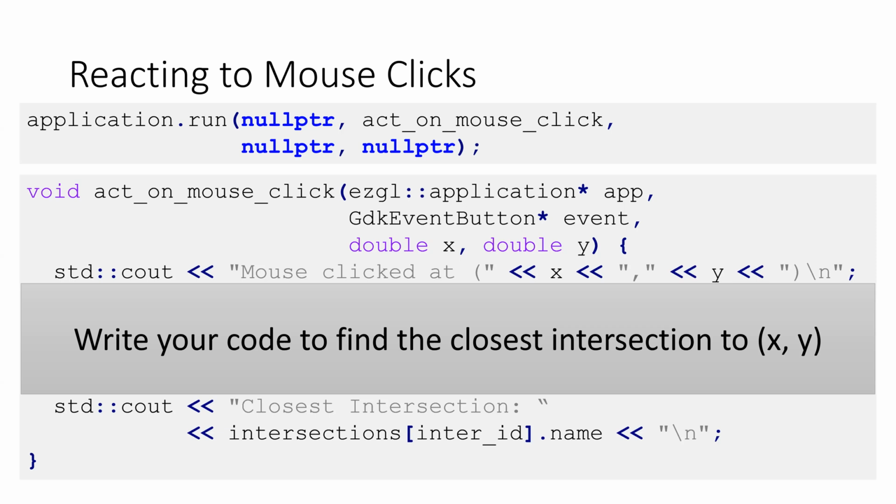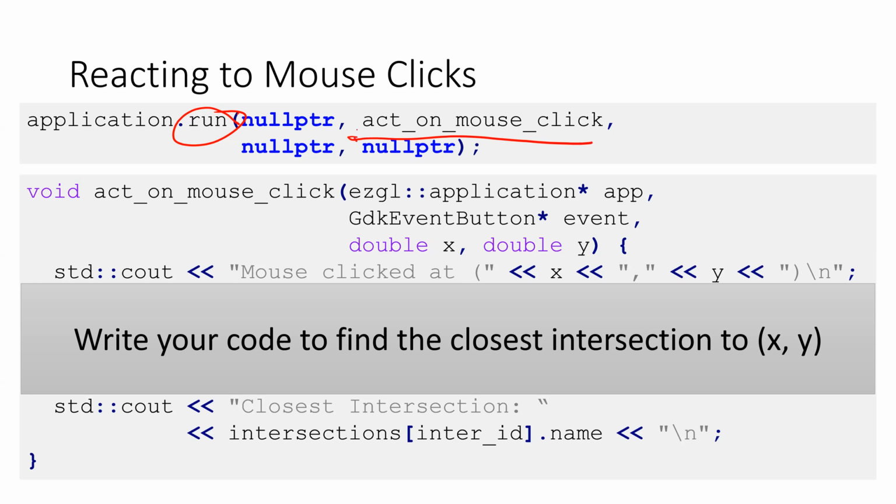Okay, in order to make this work, I need to register another callback with EasyGL. Remember I told you that when we call this run function that starts our window, it has 4 callbacks you can pass in, and we were setting them all to null, which means don't call me for anything except screen redraws. Now I'm passing in one of the callbacks. If you look at the comments above in the header file for application.run, it tells you what every callback is.